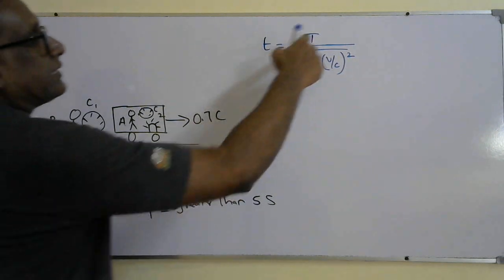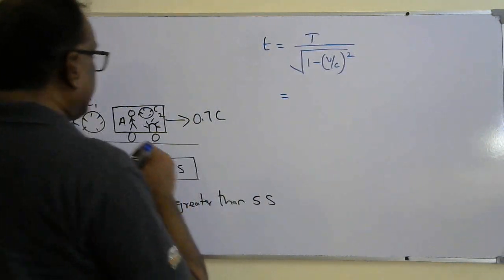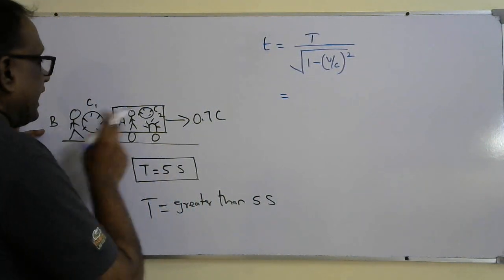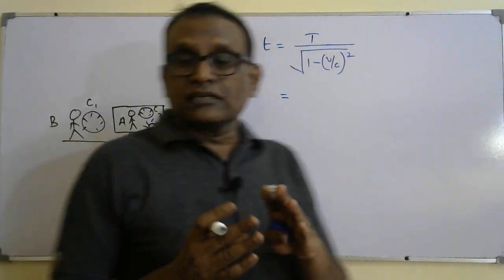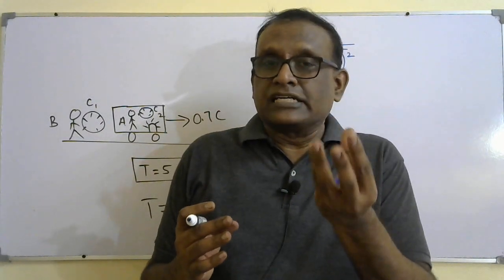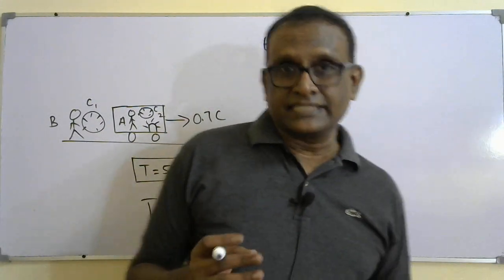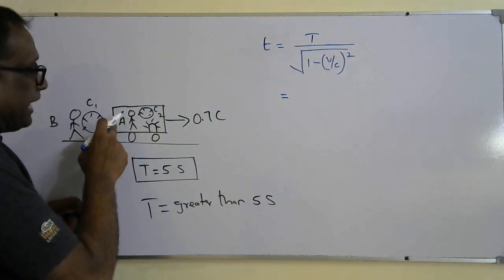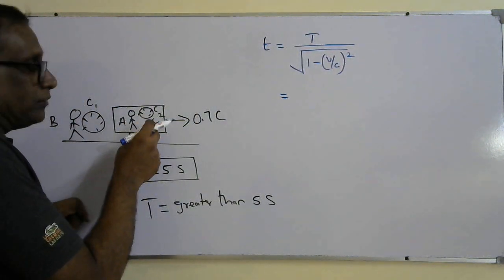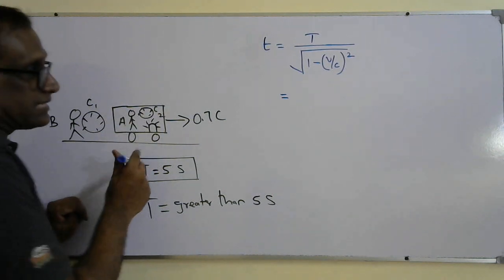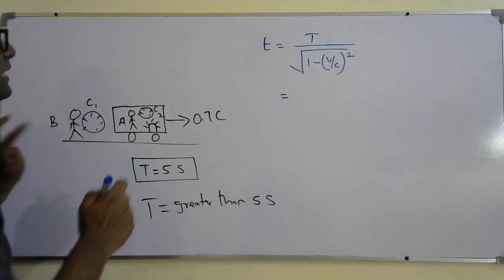That means the time interval measured by both A and B when the car was at rest for the event of emission of a pulse of light is 5 seconds. So even now A measures the time interval between emission of pulses of light as 5 seconds, but B is measuring a different time.